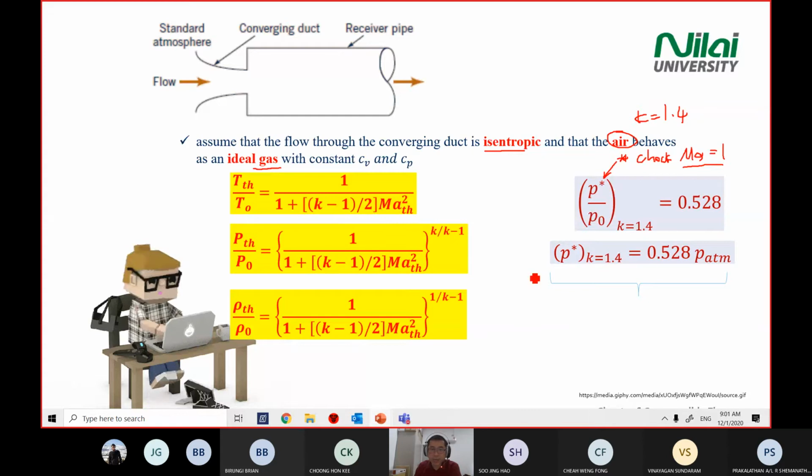You substitute the value there, you'll get 0.528. From here you can further develop your equation. You can pull your P0 stagnation pressure here. You can modify it into atmospheric pressure.